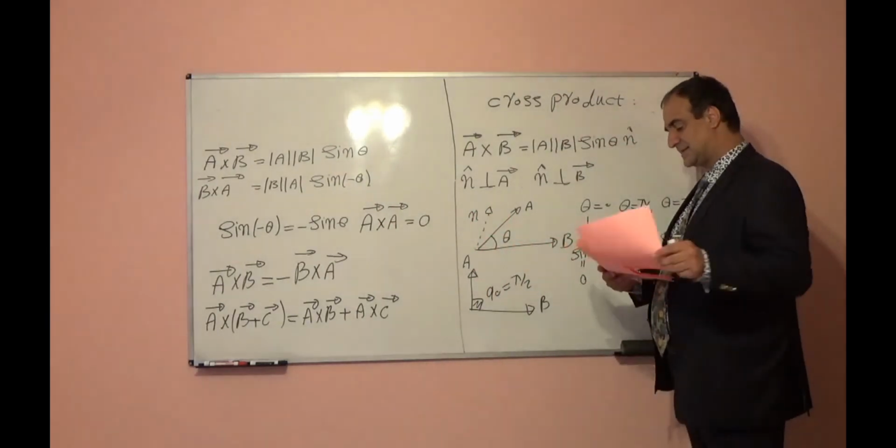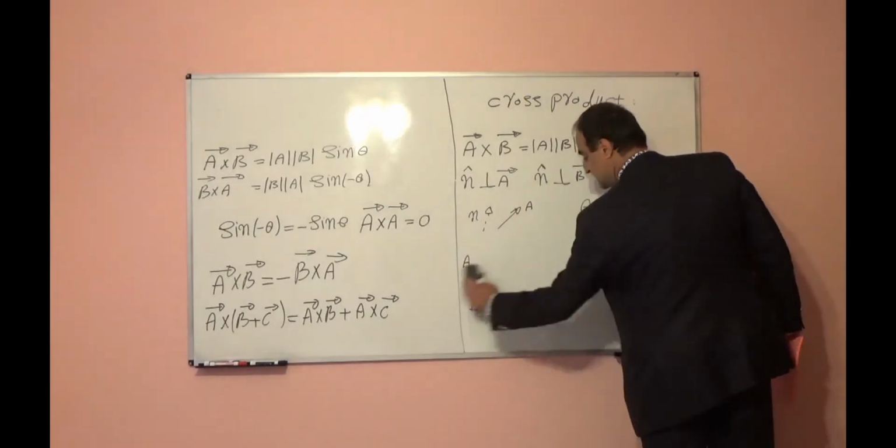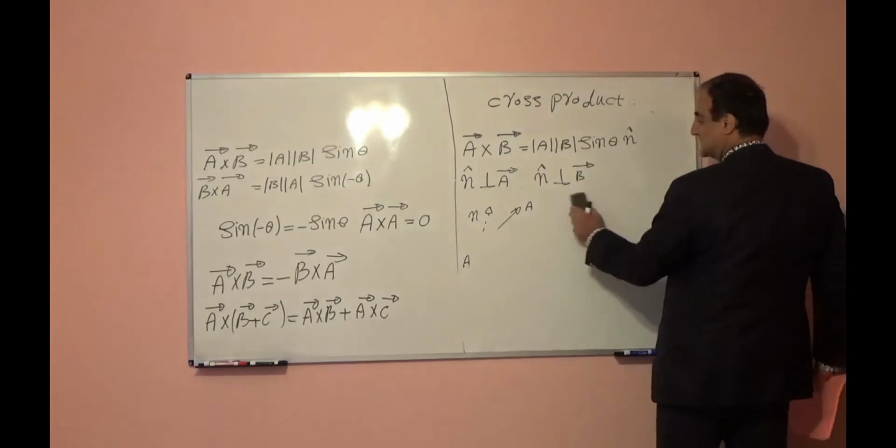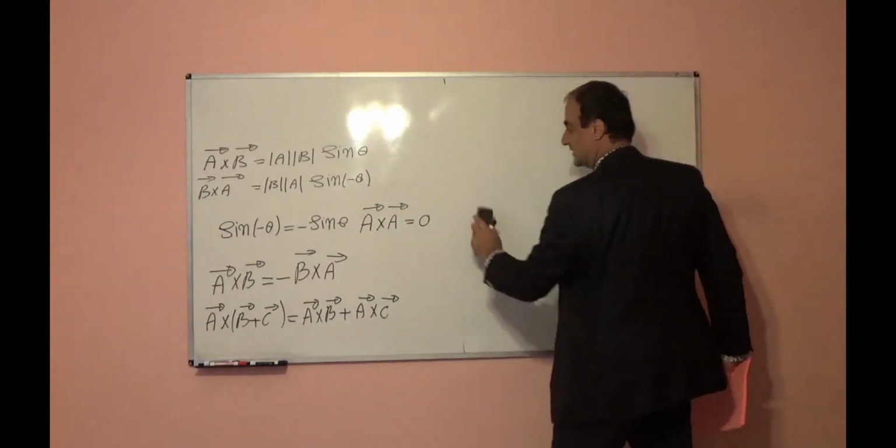Let's represent vectors again in Cartesian vector form and see how we can calculate the cross product in Cartesian vector form.